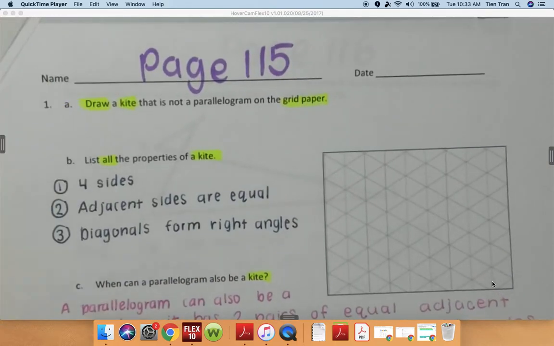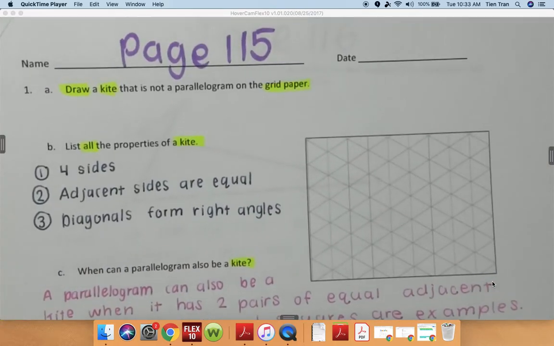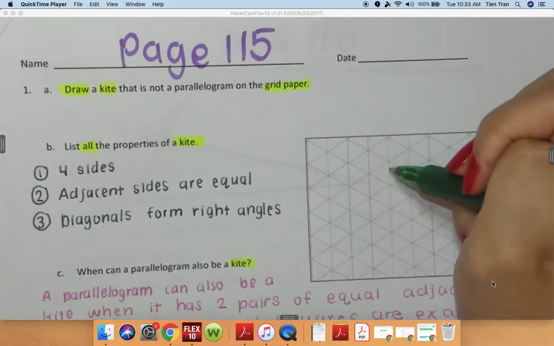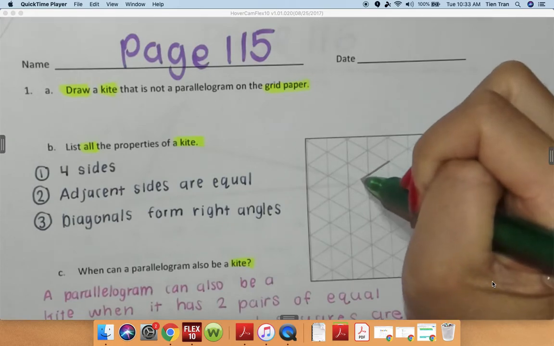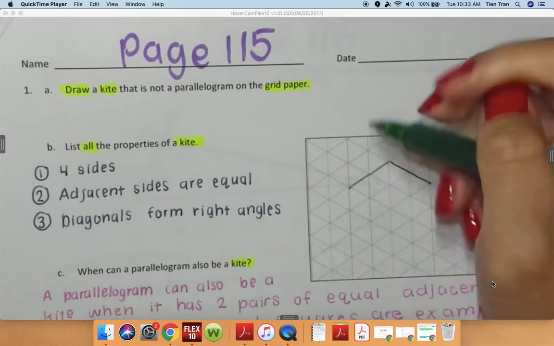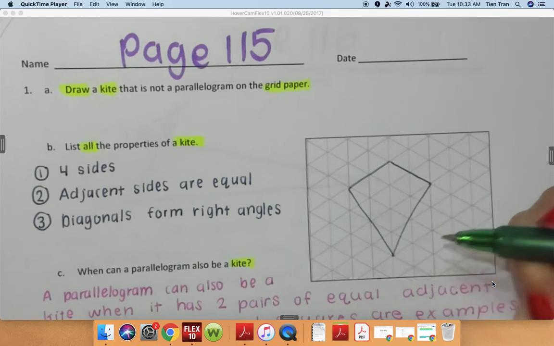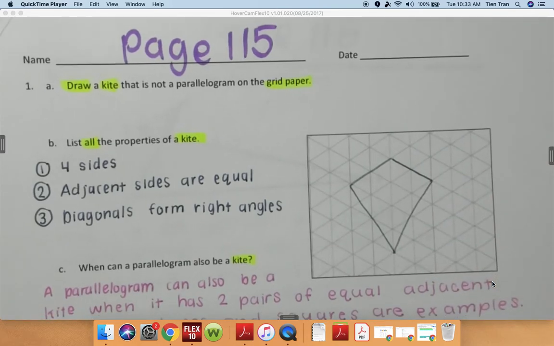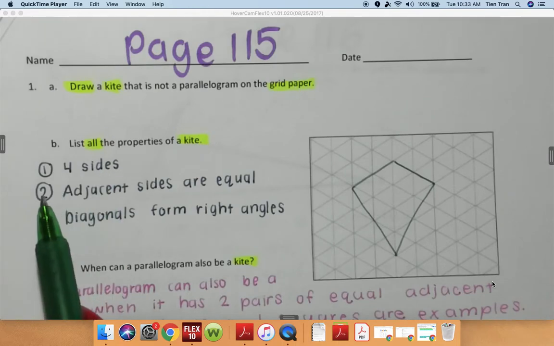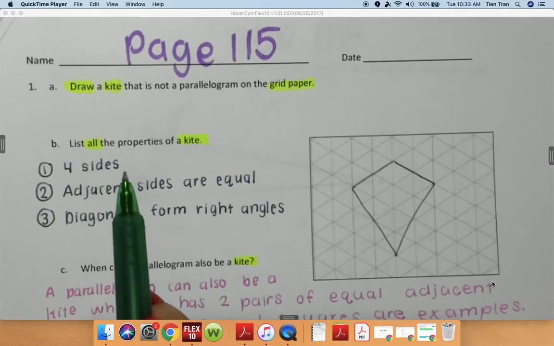Page 115, draw a kite that is not a parallelogram on the grid paper. So I need to draw a kite that is not a parallelogram, meaning that they do not have any parallel sides. So this is my unique kite that does not have any parallel sides. Okay? Now, list all the properties of a kite. First, a kite has four sides.